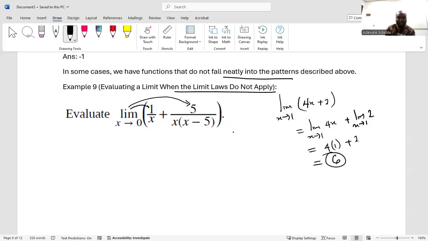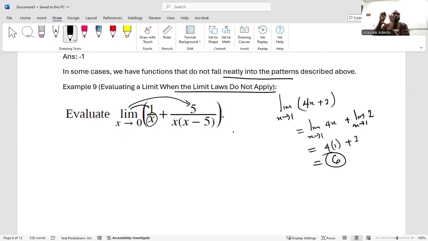Why? Look at this. If we are substituting here x to be 0, it means we are having 1/0. Again, here, if we are substituting x for 0, it means we are having 5/0. No, no, no, no. That is not helpful.